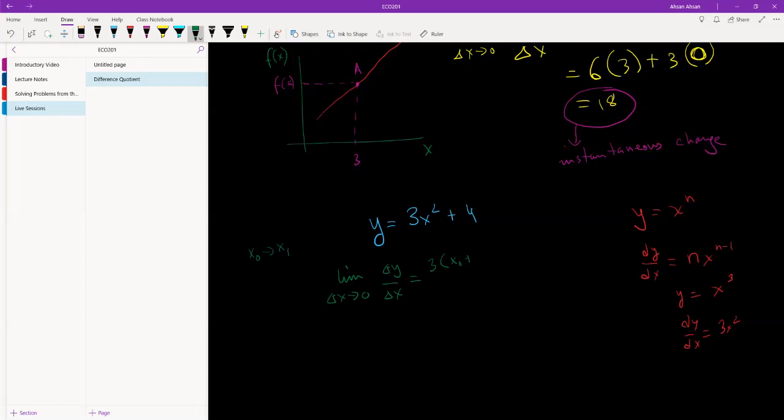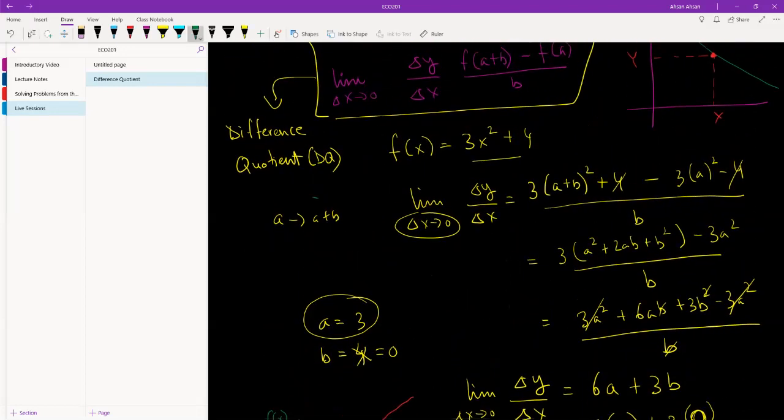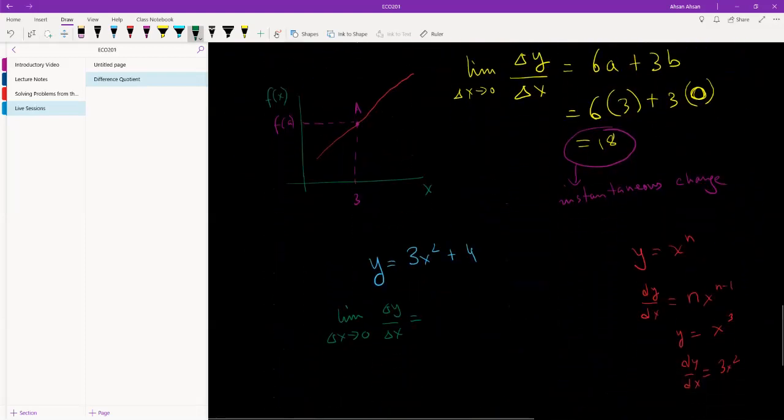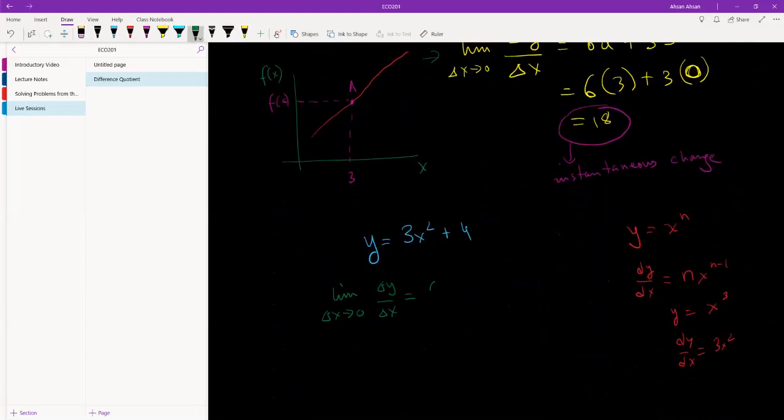Now let me simplify this for you guys. I may be making it a bit more confusing. Let's just go back to a and b the way we had done. We are moving from a to a plus b. That's just a simpler way of doing that. And once we did that, this is where we had arrived. So let me write that down.